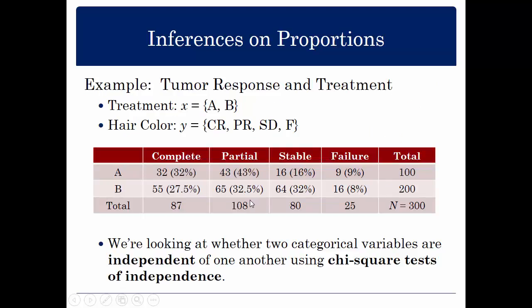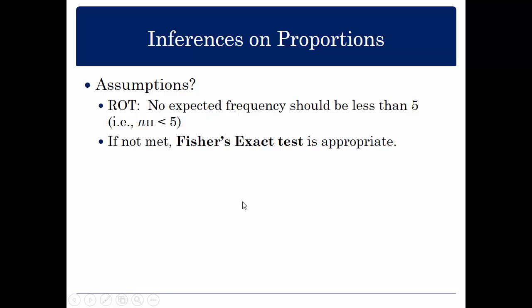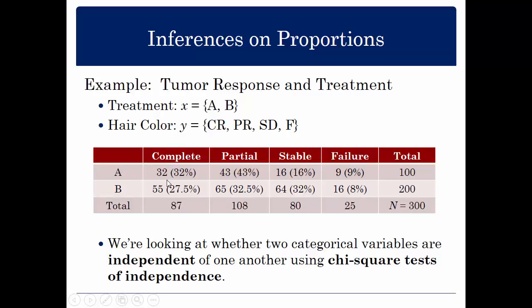So just like in the previous example, the only assumptions that we have to check are related to the sample size. So we have to look at our proportions and do a simple calculation comparing our sample size times our expected proportions to 5. It's not quite as easy here because we don't explicitly state we think that in treatment A, there'll be a certain proportion of complete responders.